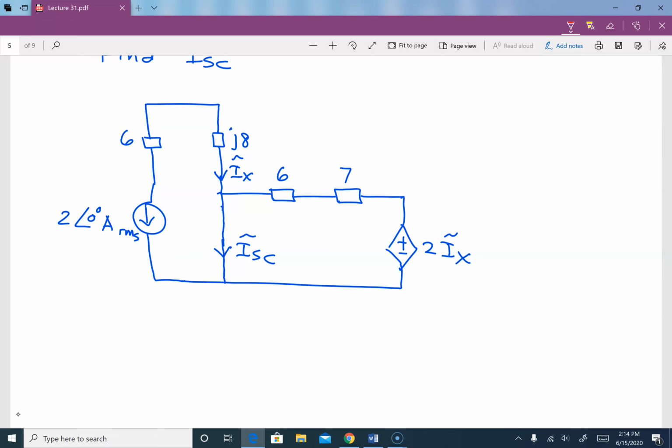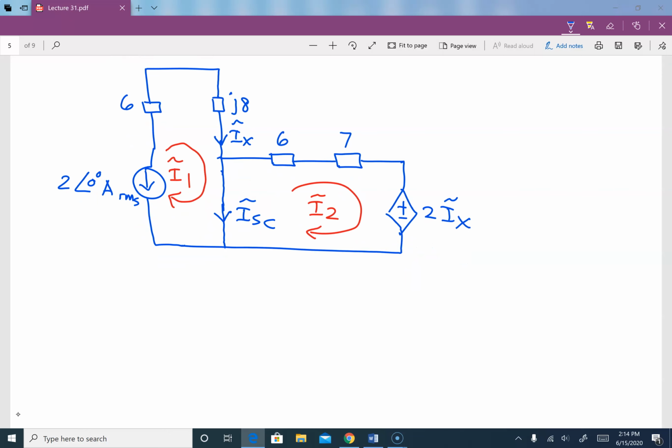So in this case, we can go with this as I1, and this over here, let's say I2. So loop 1, that is I1 is equal to negative 2 with angle 0 ampere, and this is our first equation.